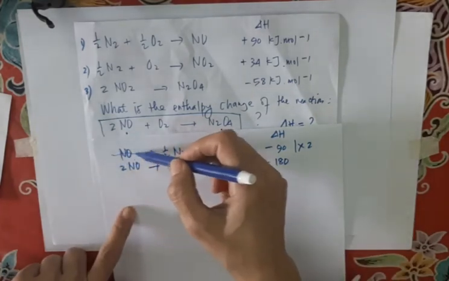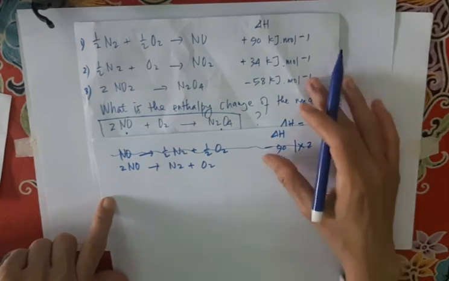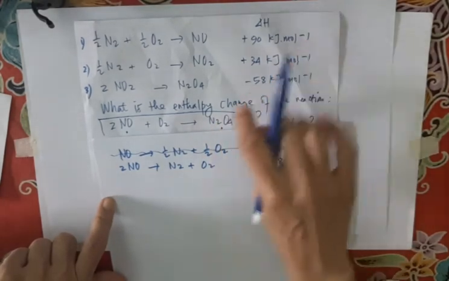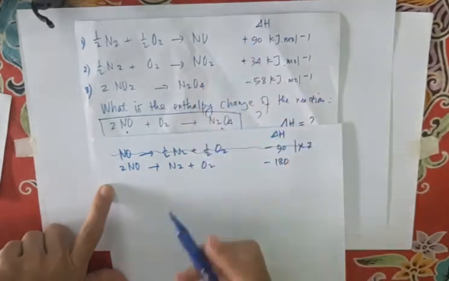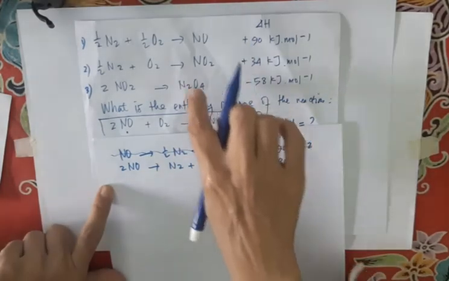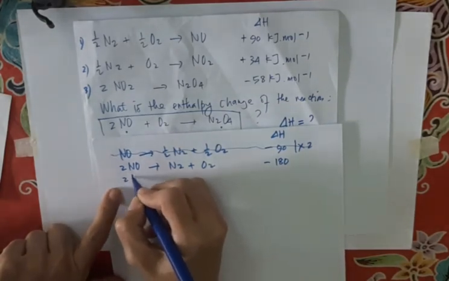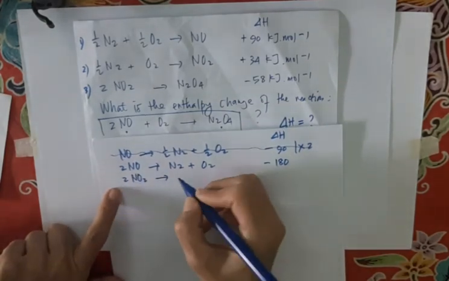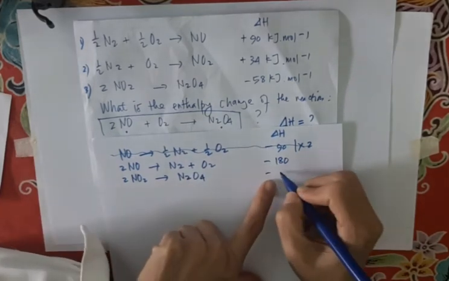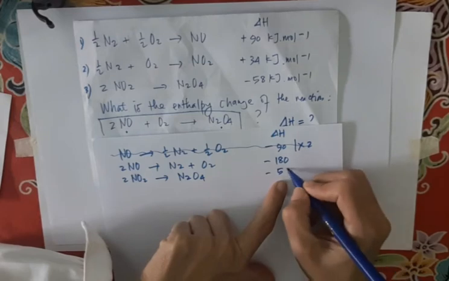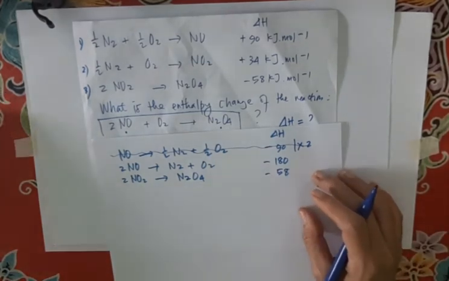We don't need this equation. The second one, N2O4 comes from equation number 3. They are on the same side, right? 2NO2 turns into N2O4, minus 58 kilojoule per mole.